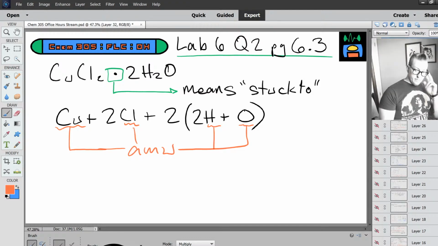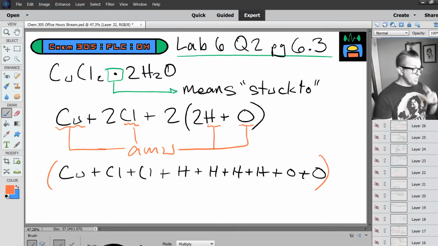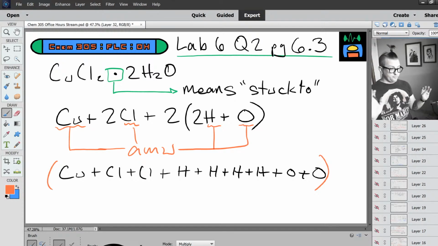But it's literally copper plus chloride plus hydrogen, so it's not multiplied together.